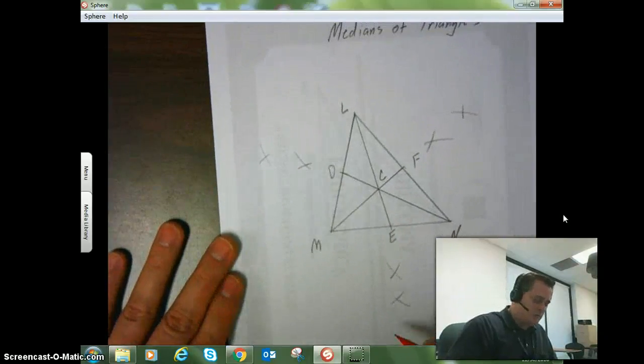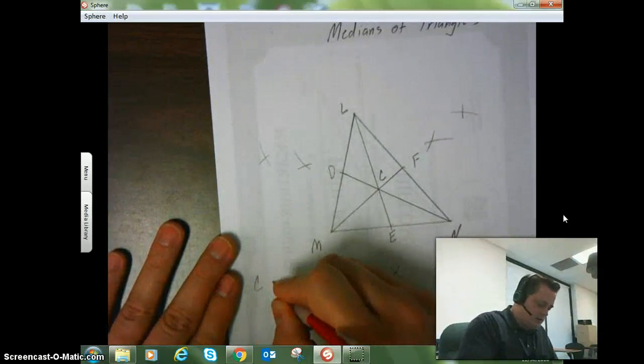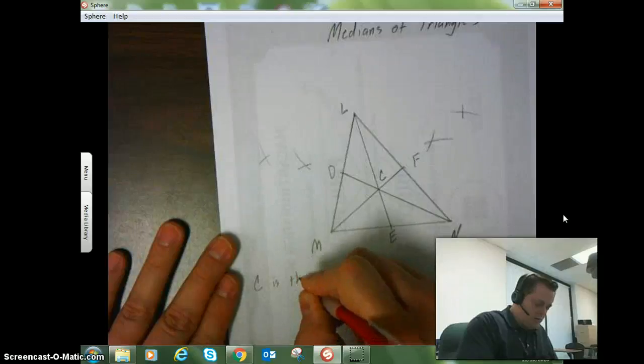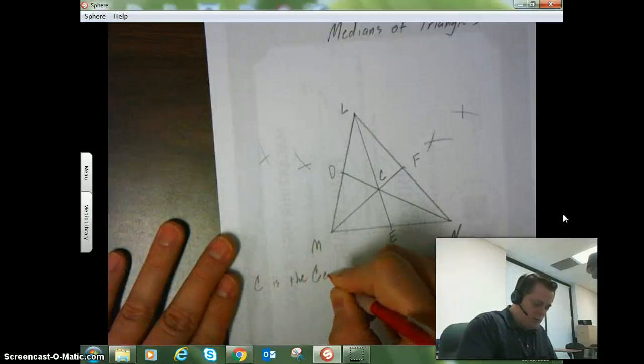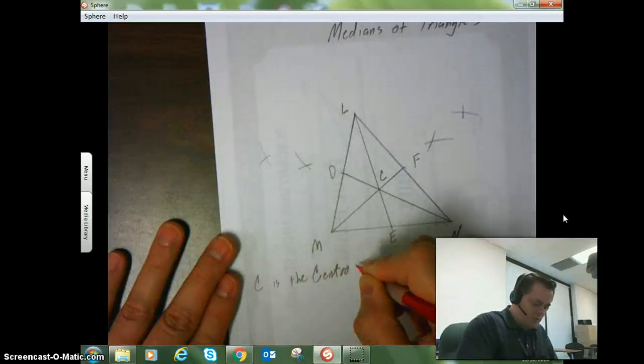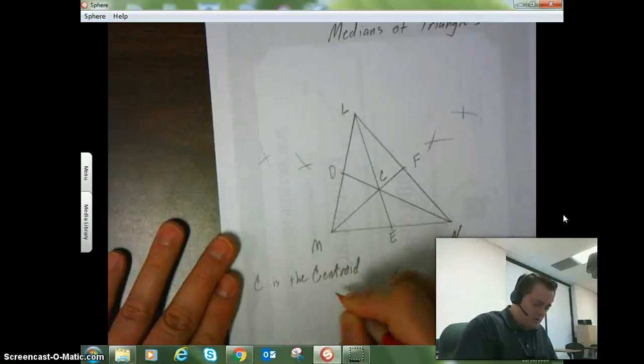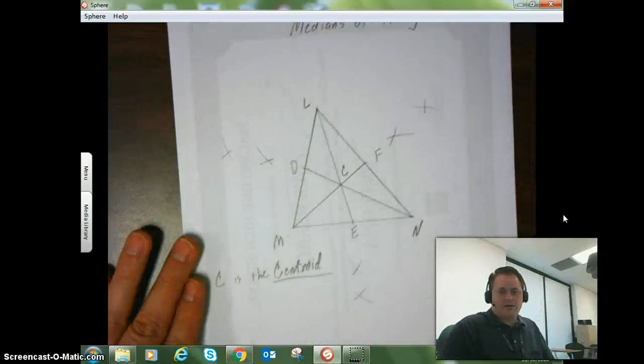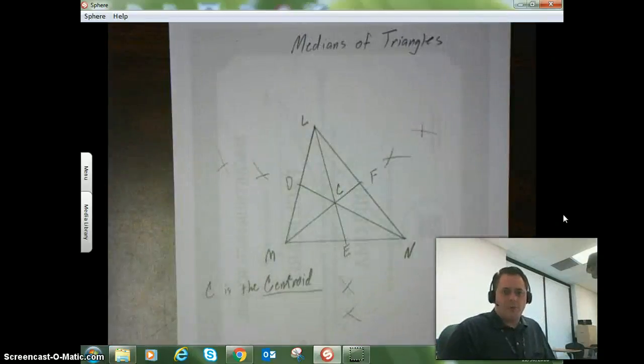This point here that I'm calling C is called the centroid of the triangle.